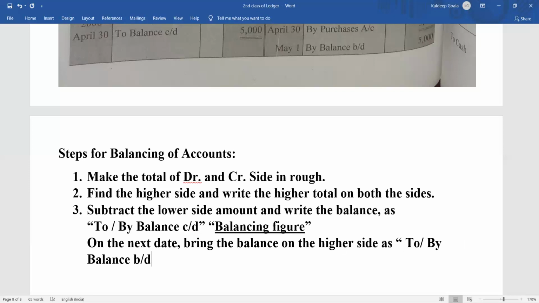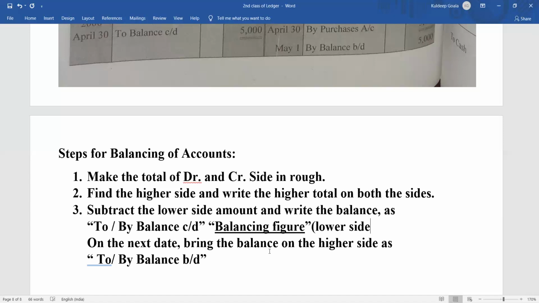First, we have to write "To balance" or "By balance carried down", the balancing figure. Carried down balance, which side? In the lower side. This one you have to write in the lower side.